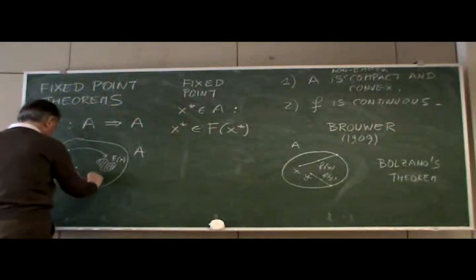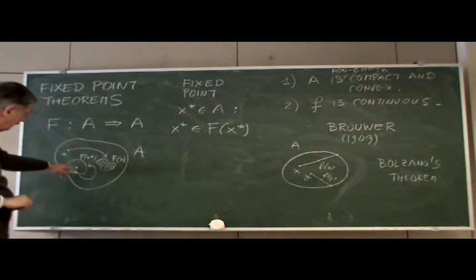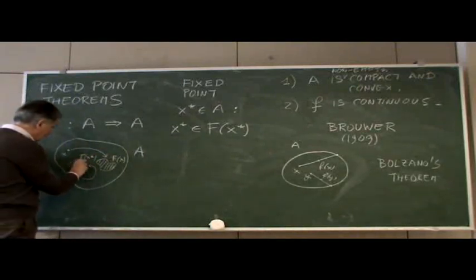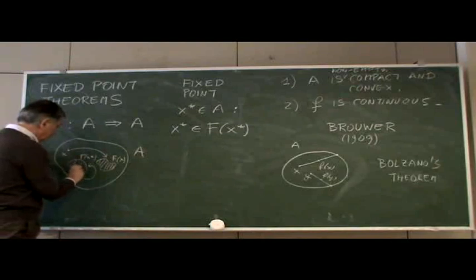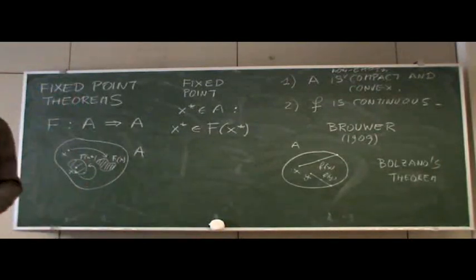You apply to x star your correspondence, and you obtain this f of x star, and note that x star belongs to its image according to large F. This is the definition of a fixed point for a correspondence.